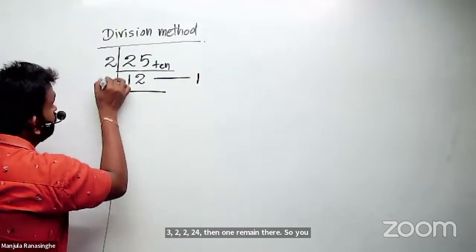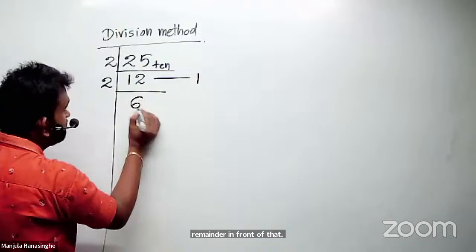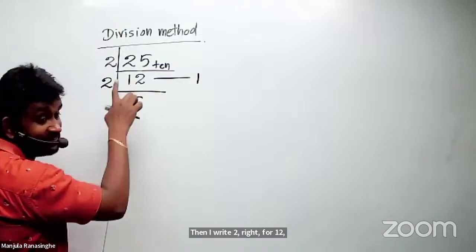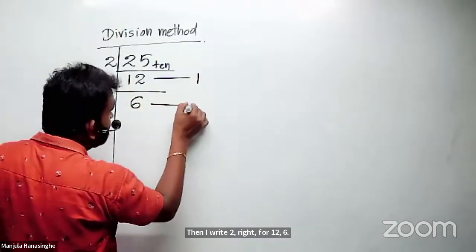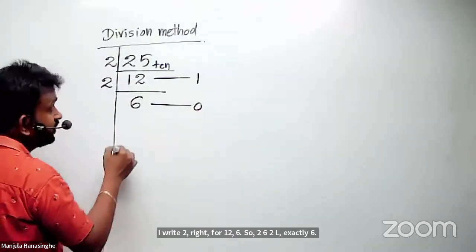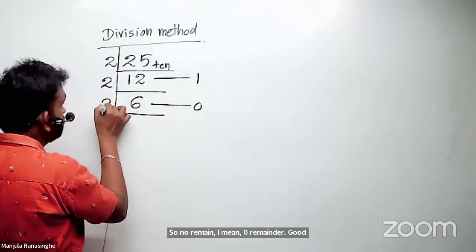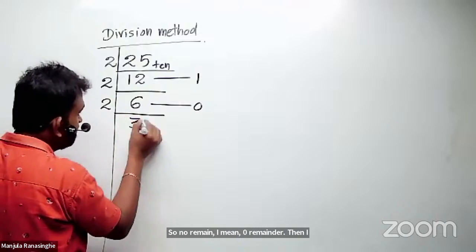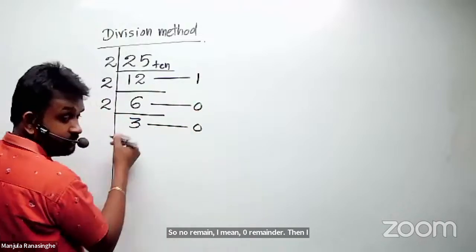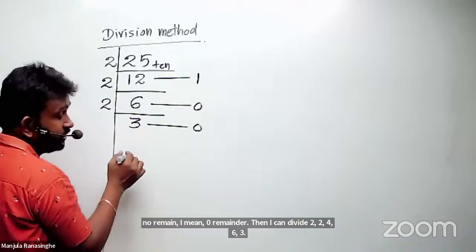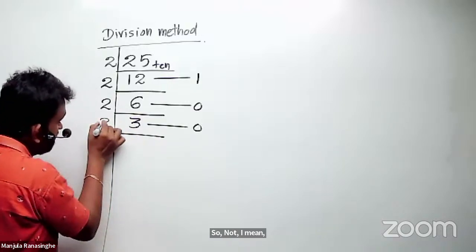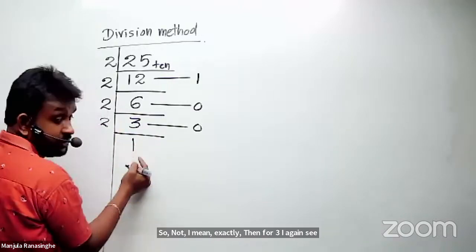Then I write 2, for 12, 6. So 2 sixes are 12, exactly, so no remainder, 0 remainder. Then I again divide: 2 threes are 6, so 3, 0 remainder, exactly divisible. Then for 3, I again see 2 ones are 2.